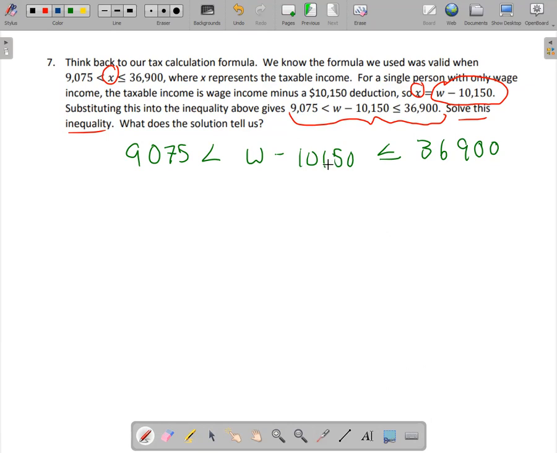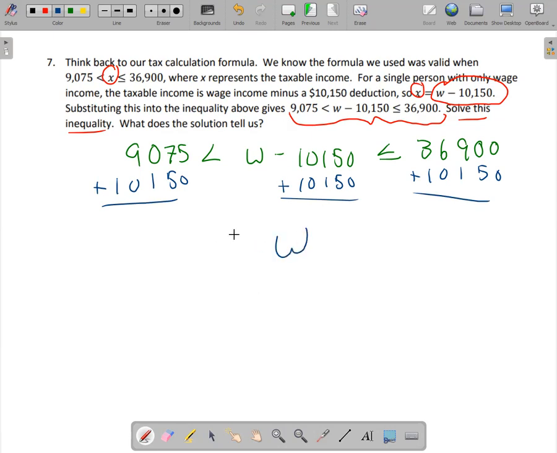What do we do to get rid of it? Add it everywhere, yeah. So you add it in the middle and add it on the left and add it on the right. So 10,150, add that. 10,150, add it there. So what do we get when we clean this up? W should be the only thing in the middle now.